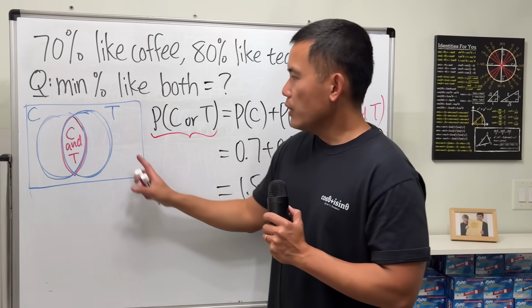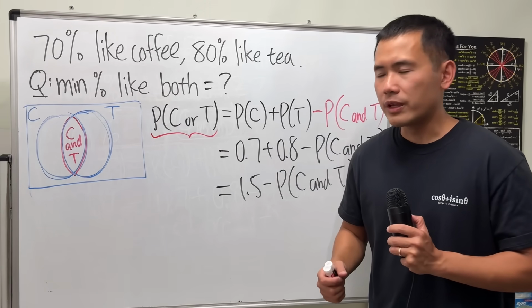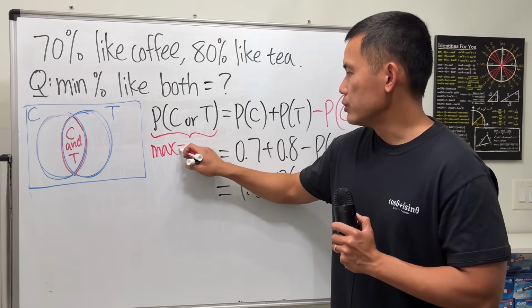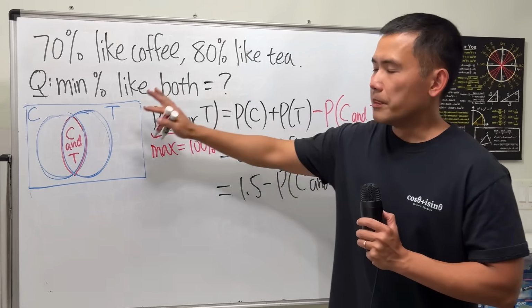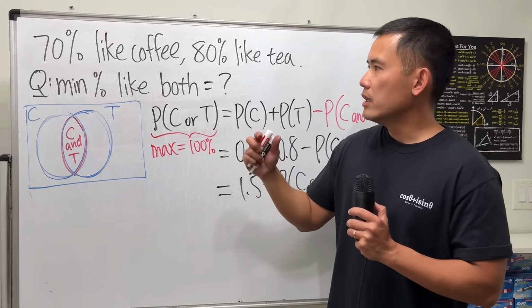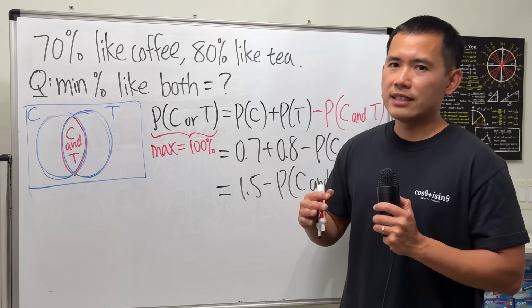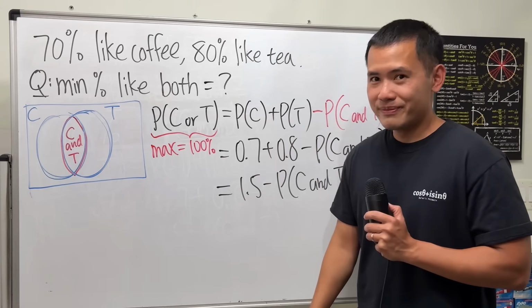Well, if you consider the whole situation, then the maximum possible number would be just 1, which is 100%. And this means the people here must like at least either coffee or tea. There's no other choice, and they cannot say no to these two either. So that's the maximum situation.